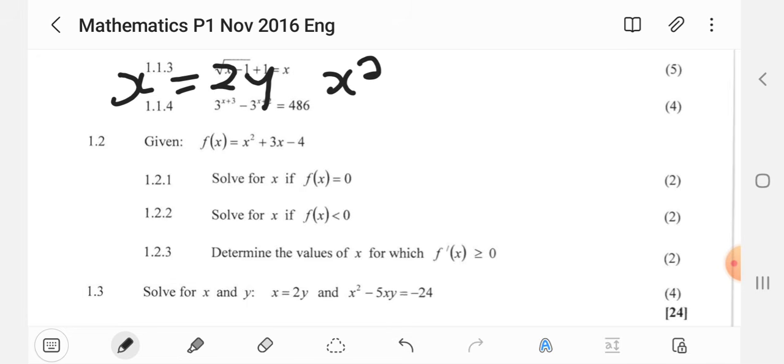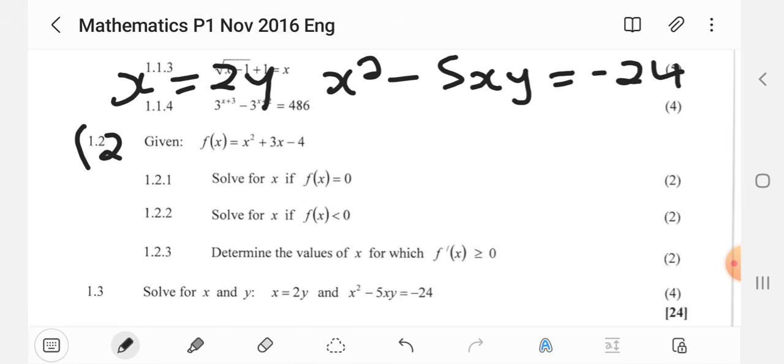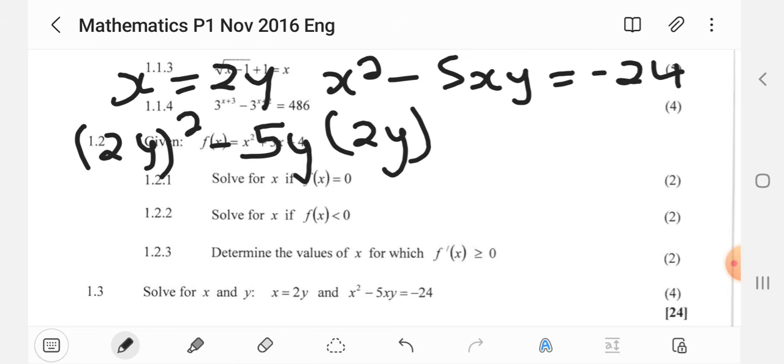So we have x squared minus 5xy equals negative 24. So we will have (2y) squared minus 5(y)(2y), I may do it like this for it to be easy, it's still the same thing, equals negative 24. Here, this exponent 2 will multiply by the exponent there.